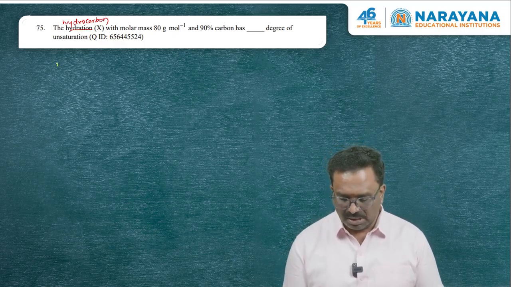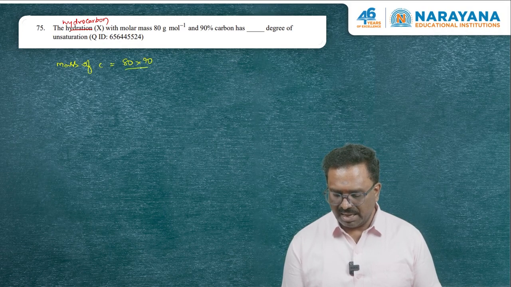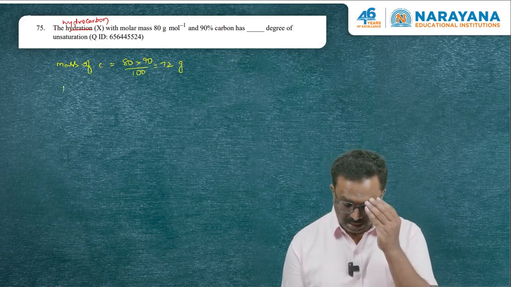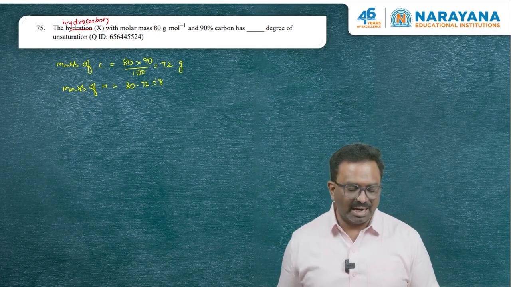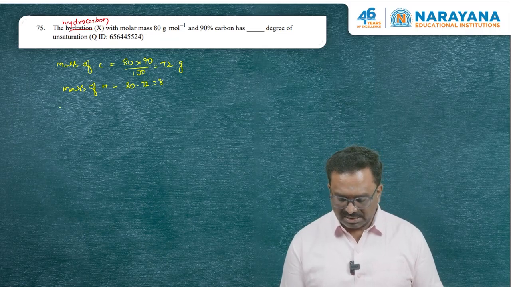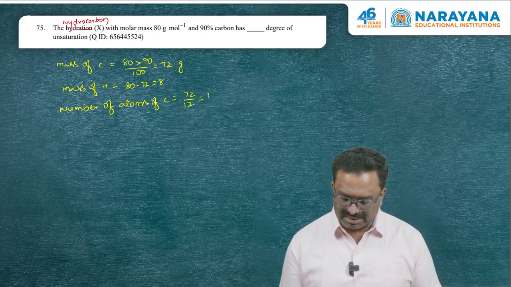That means in 1 mole what is the mass of carbon is 80 into 90 by 100. So this is 72 grams is carbon and the remaining mass is hydrogen. So what is that? 8 grams is the hydrogen. Now what is the number of atoms of carbon? 72 by 12, that indicates 6 carbons are there.